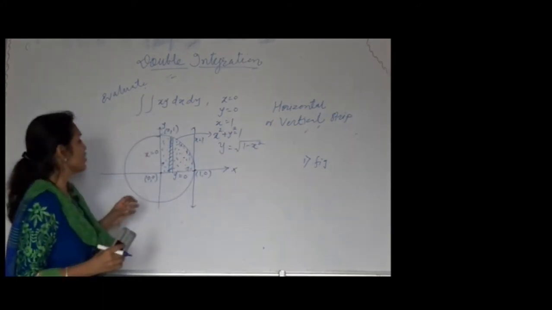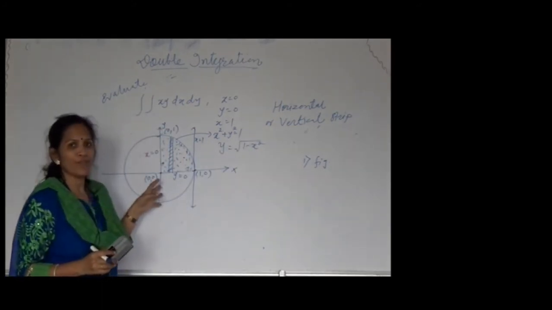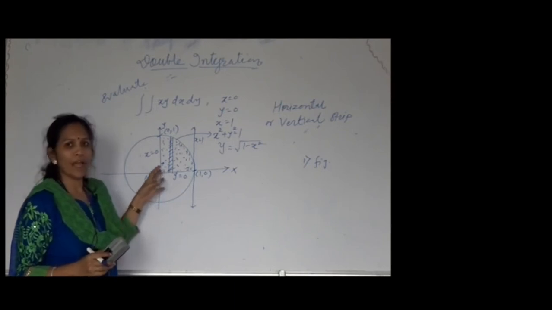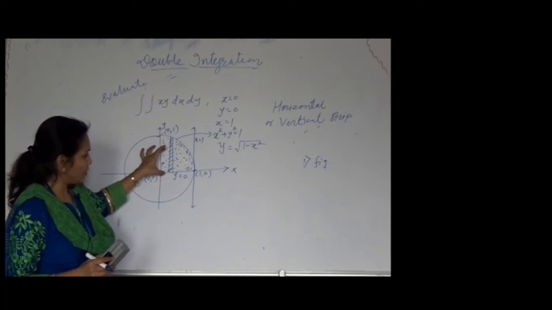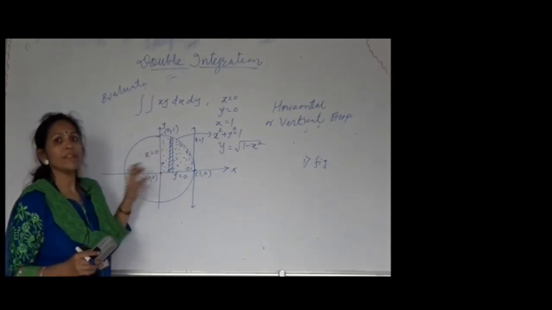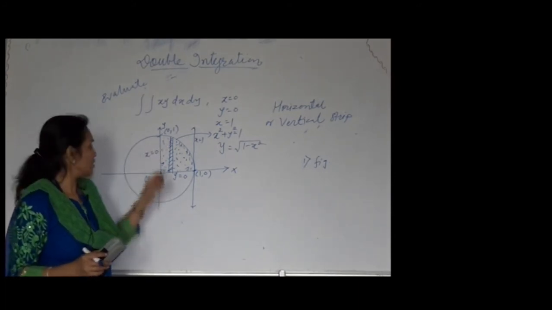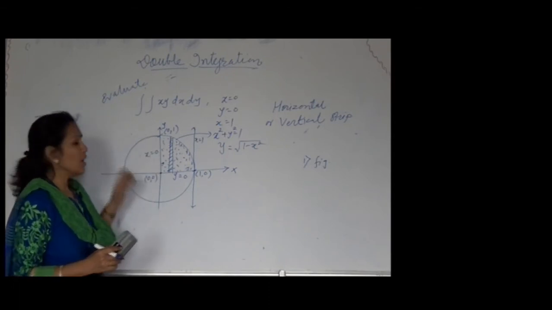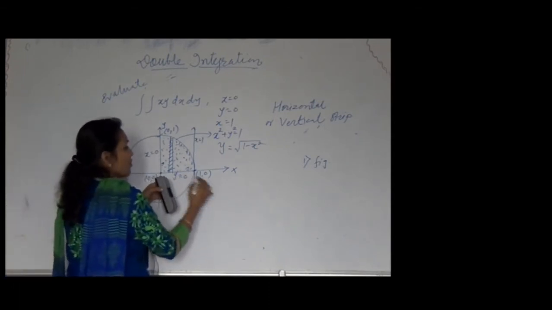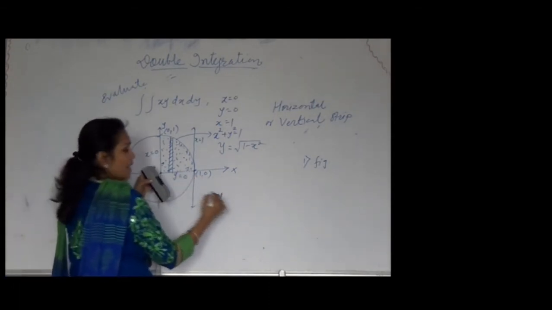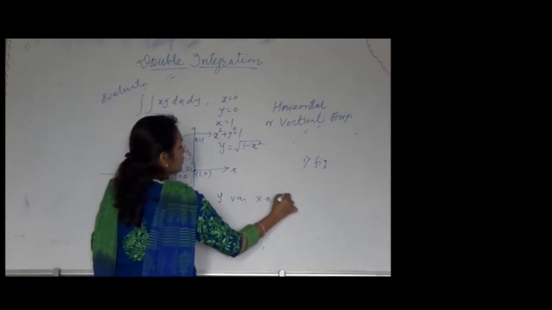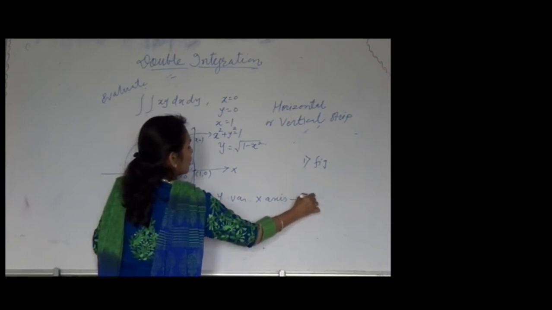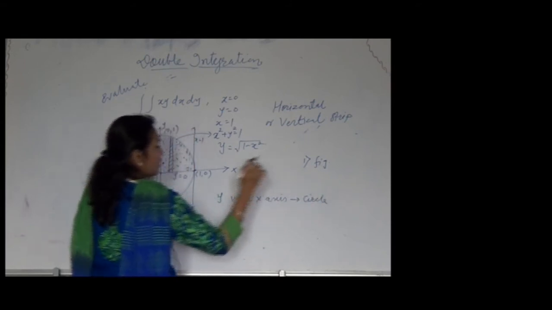Now I am going to write the limits for the strip I have drawn. I have drawn the vertical strip. For a vertical strip, I always think about y first, the vertical axis. My strip starts from the x axis, so my y varies from the x axis to the circle. Now I have to think about their equations.